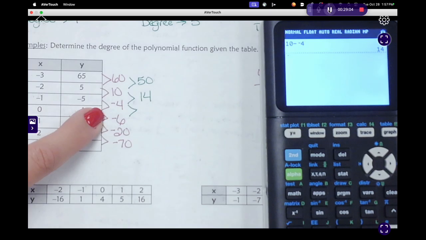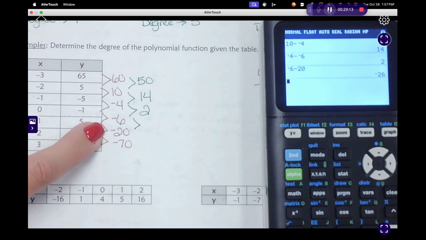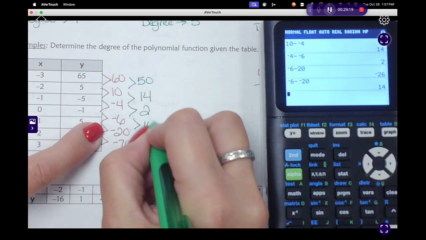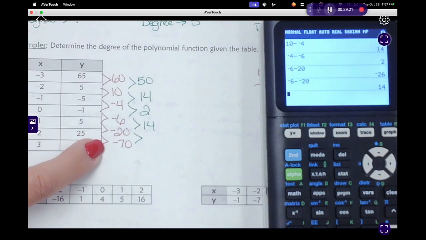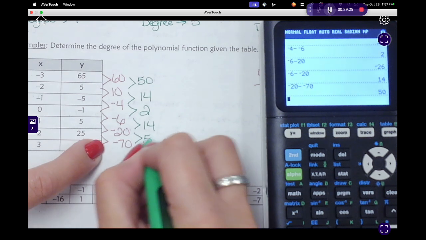I'm going to do negative 4 minus a negative 6, gives you 2. And then I have negative 6 minus 20. Oops, almost made a mistake. Negative 6 minus a negative 20 gives you 14. And then I have negative 20 minus a negative 70, gives you a positive 50.